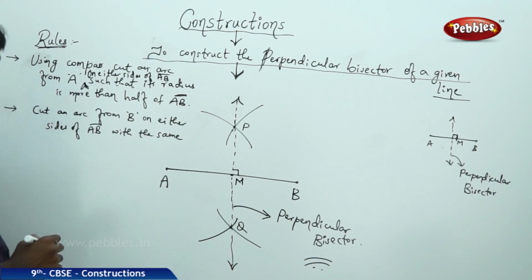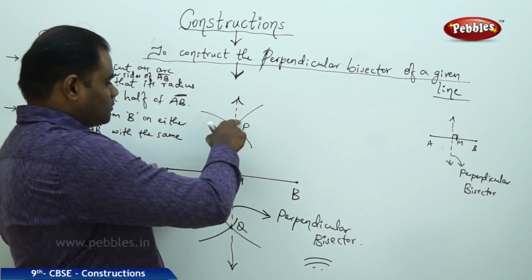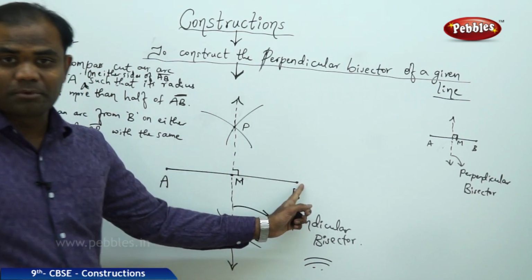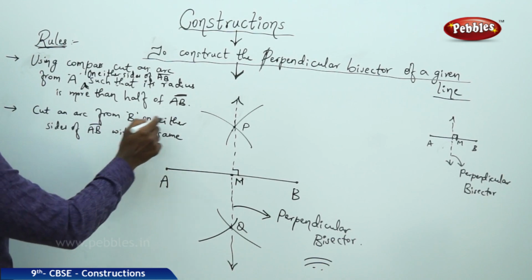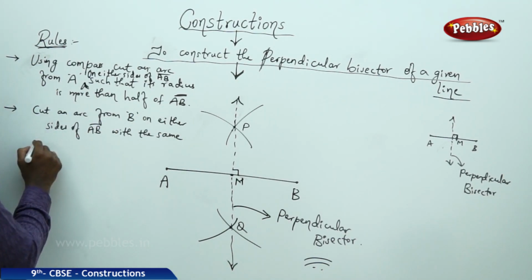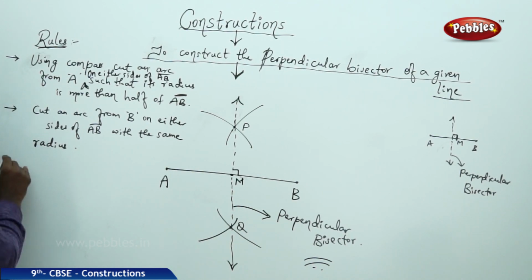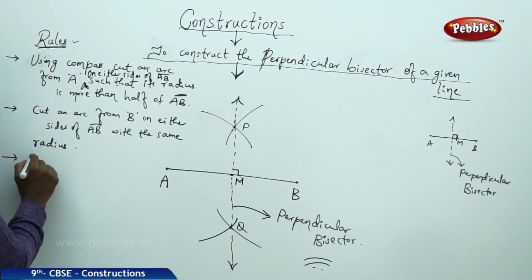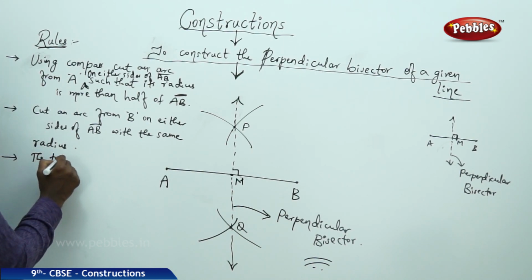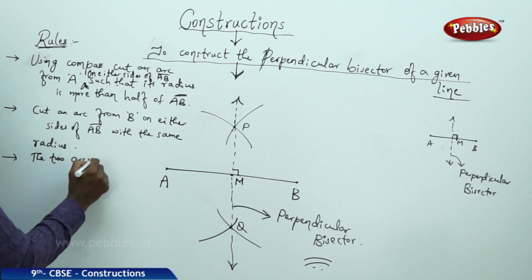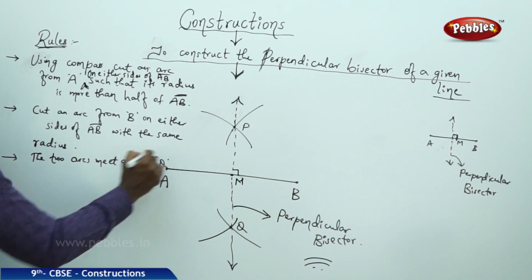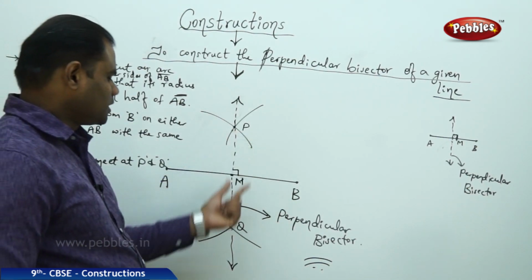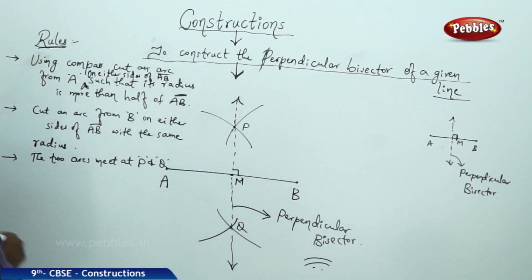Here I do not disturb the radius from A, but with the same radius I repeat the same process from point B. Cut an arc from B on either side of AB with the same radius. As can be seen, the two arcs meet at P and Q.